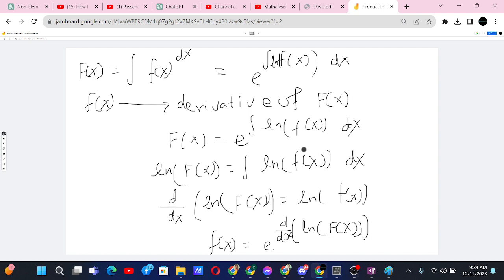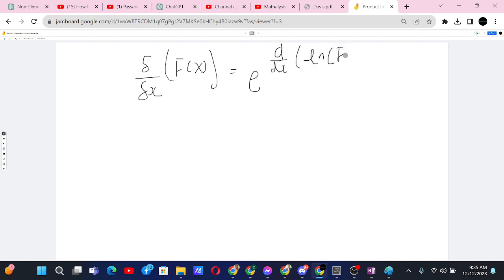Now we can see that this f x was actually the product derivative of capital F x. Yeah, the product derivative, I forgot to write that. So we have found an expression for the product derivative as well.